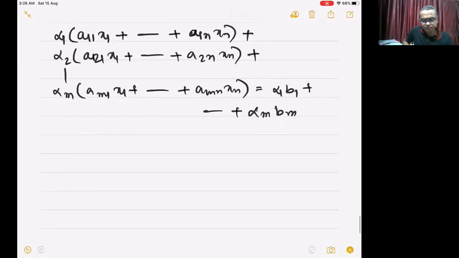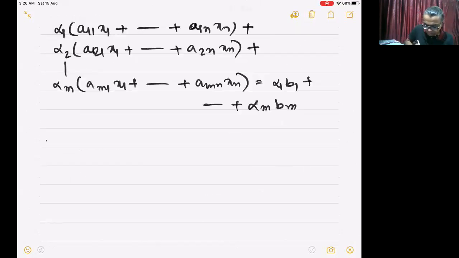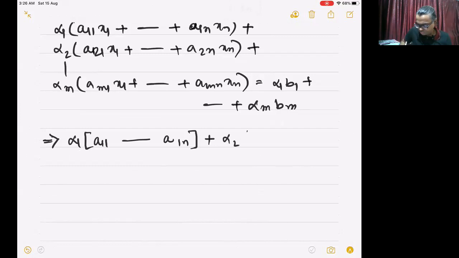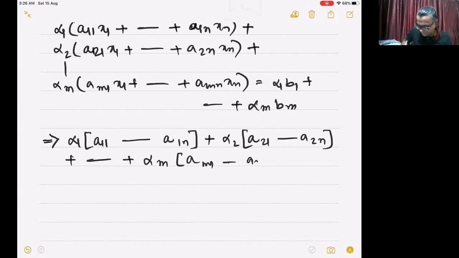When I write this in the matrix vector notation, it will come out to be alpha 1 times the row vector a11 to a1n, plus alpha 2 times the row vector a21 to a2n, plus dot dot dot plus alpha m times am1 to amn.